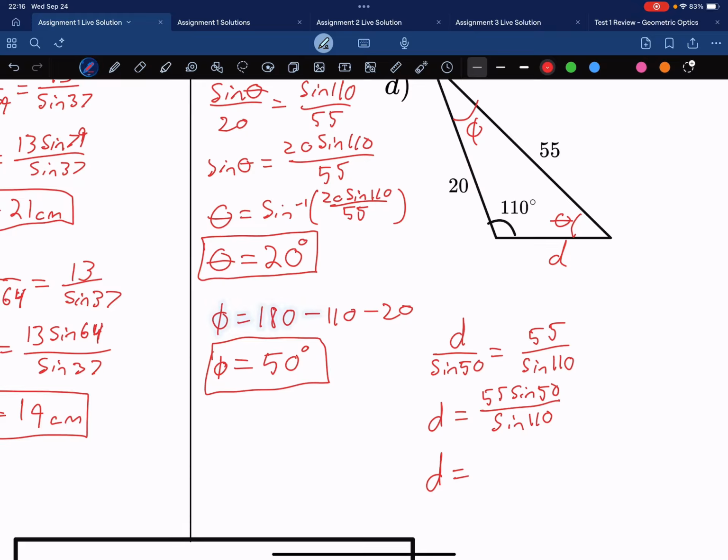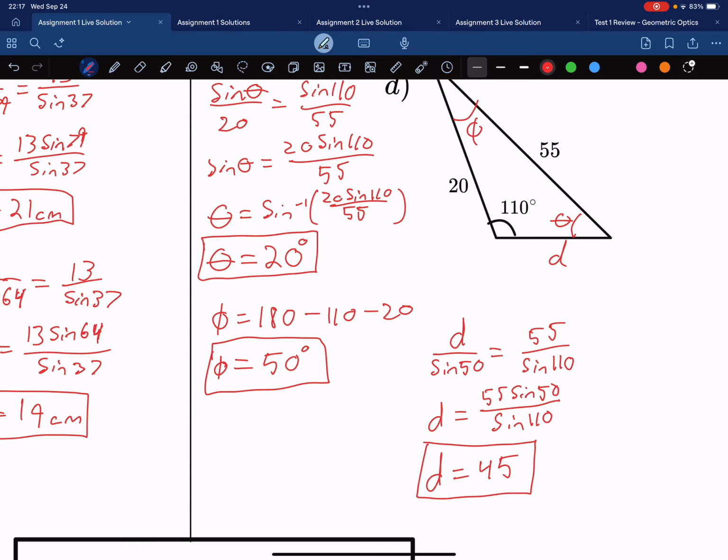And that will give us 55 sine 50 divided by the sine of 110. Gives us about 45. Wow, that was not a nice 5.